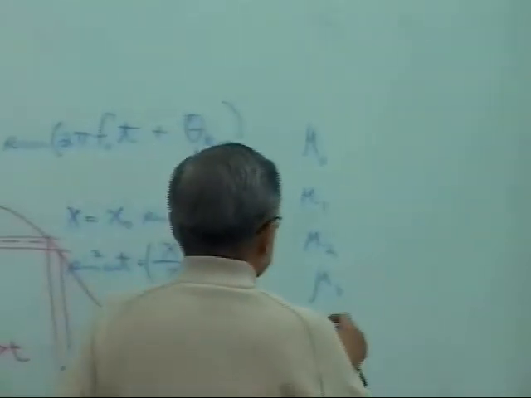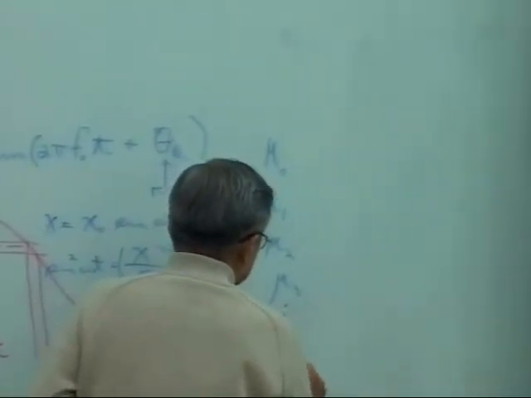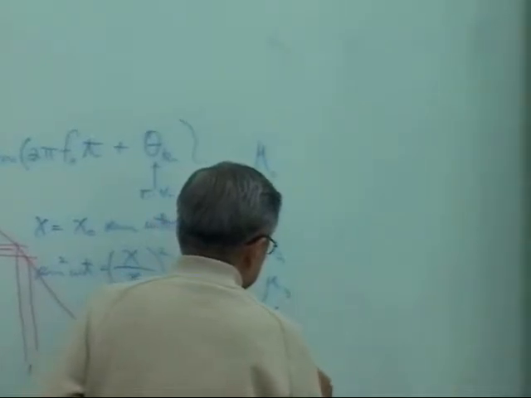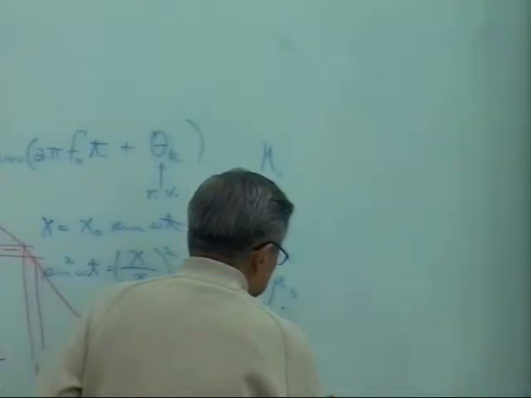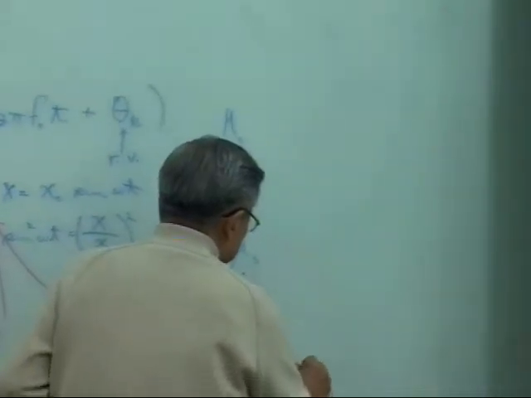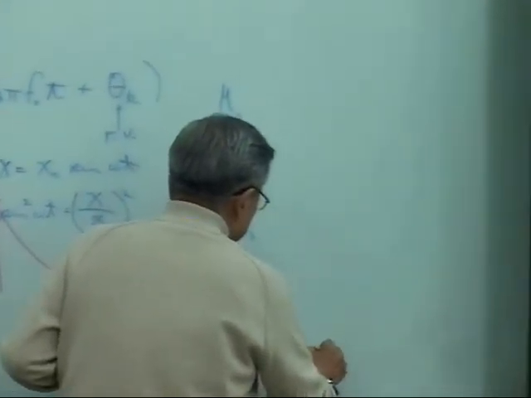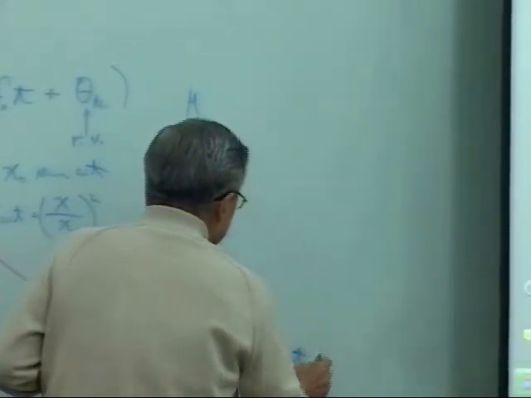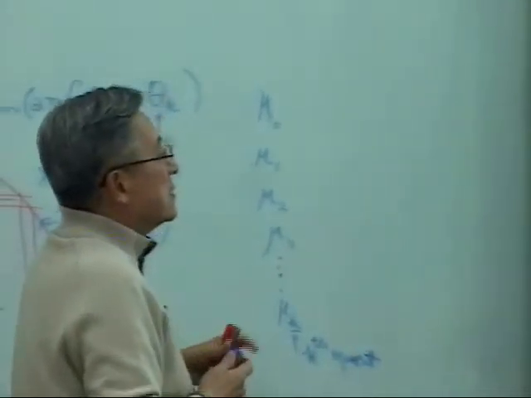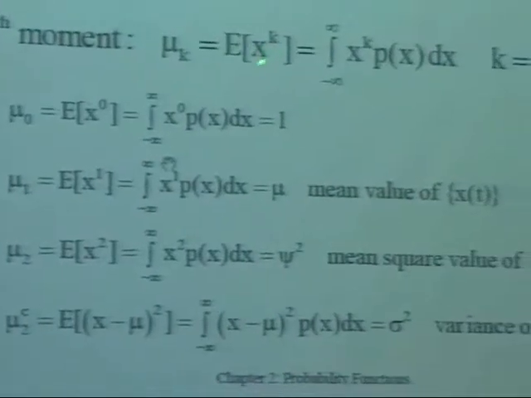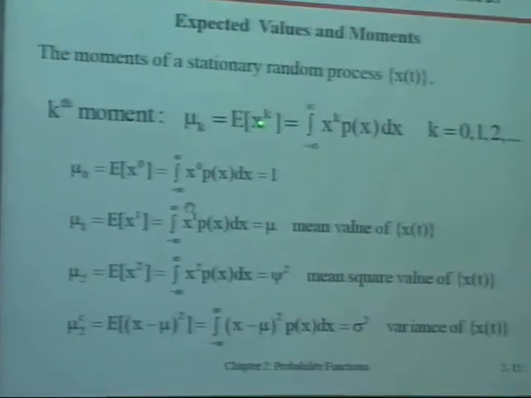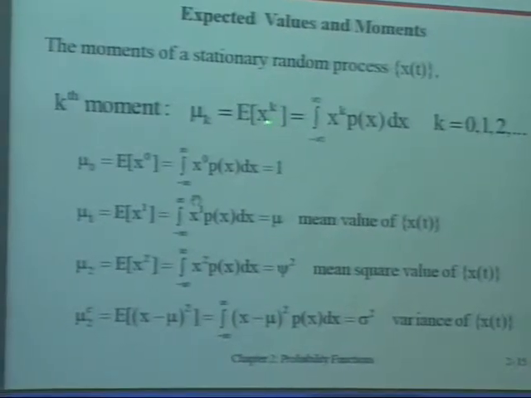So if you put it down here, it's mu k. So k really implies the kth moment. mu k is the kth moment, the expected value of x to the k power, okay?